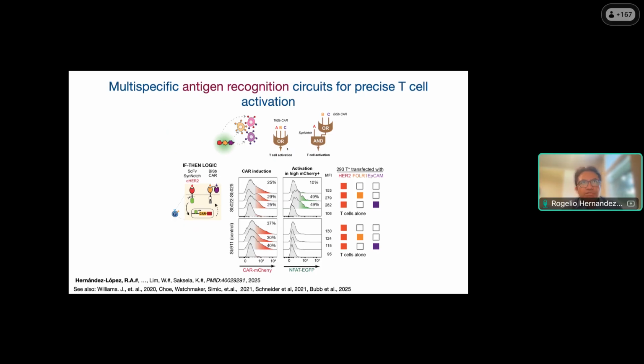For example, you could think about building a tri-specific CAR or a synNotch to CAR where the synNotch controls expression of a bispecific CAR. And here are some flow cytometric plots to show you that depending on the antigen combinations, you can get the appropriate response for increasing the precision of the tumor targeting.